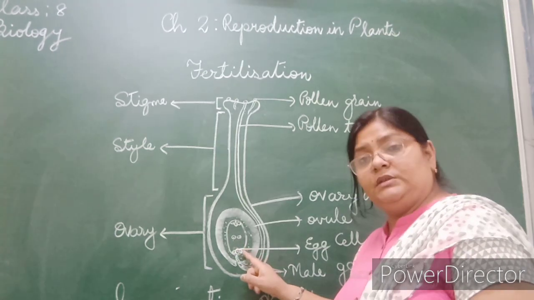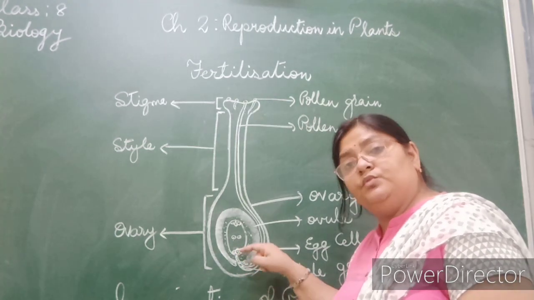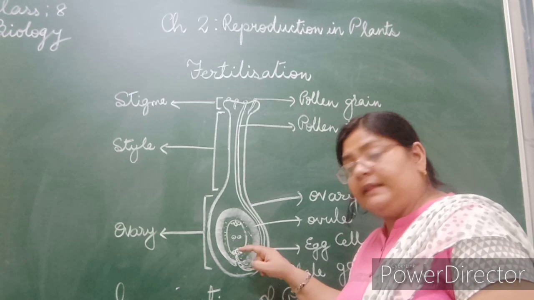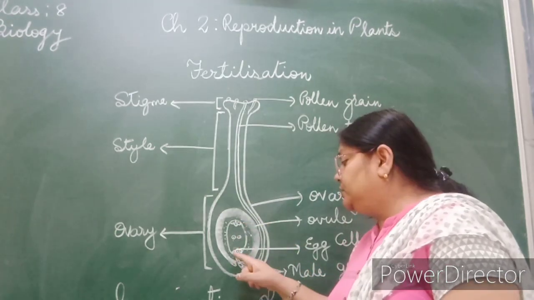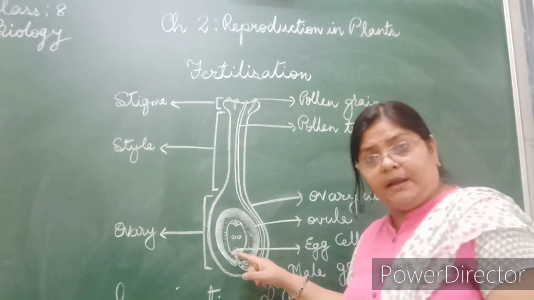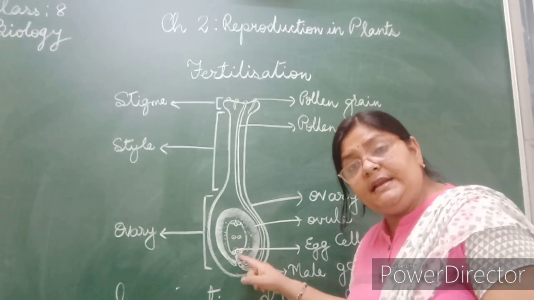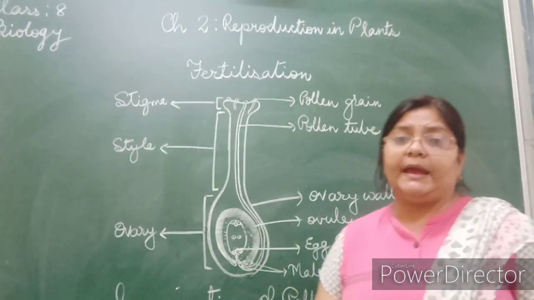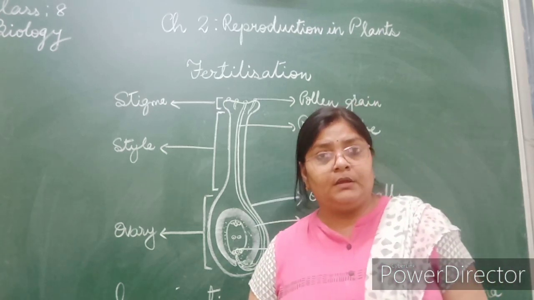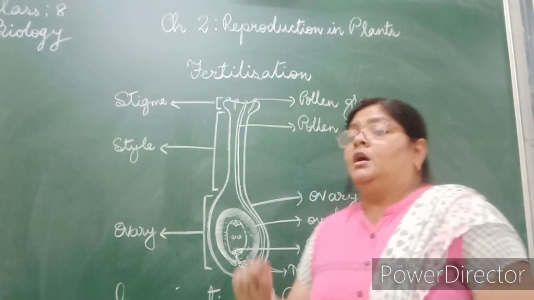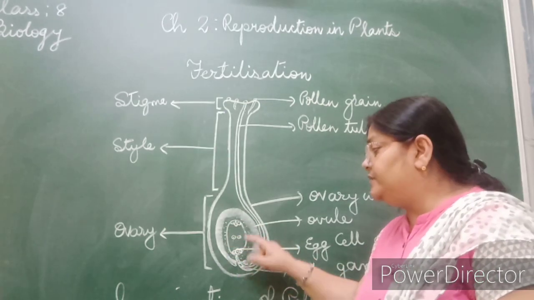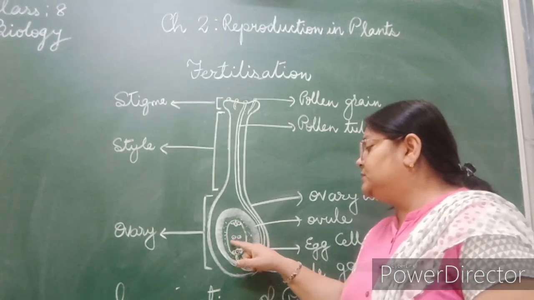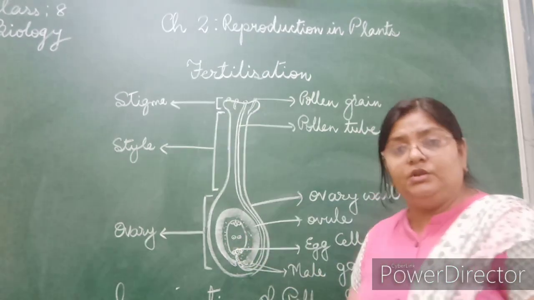Here in the embryo sac, there are 3 cells towards the micropyle and 3 cells just opposite to it. Now the 3 cells towards the micropyle, out of them, the central cell is the egg cell or the ovum. The 7th cell is the central cell, which has 2 polar nuclei.